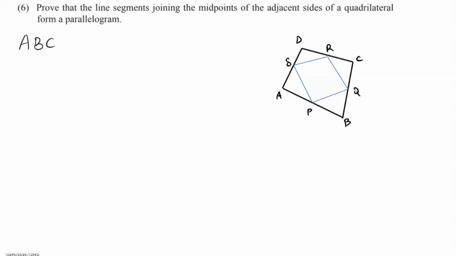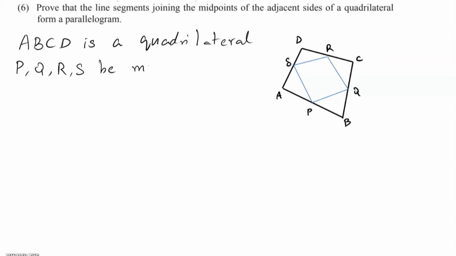ABCD is a quadrilateral, and let P, Q, R, S be midpoints of AB, BC, CD and DA.